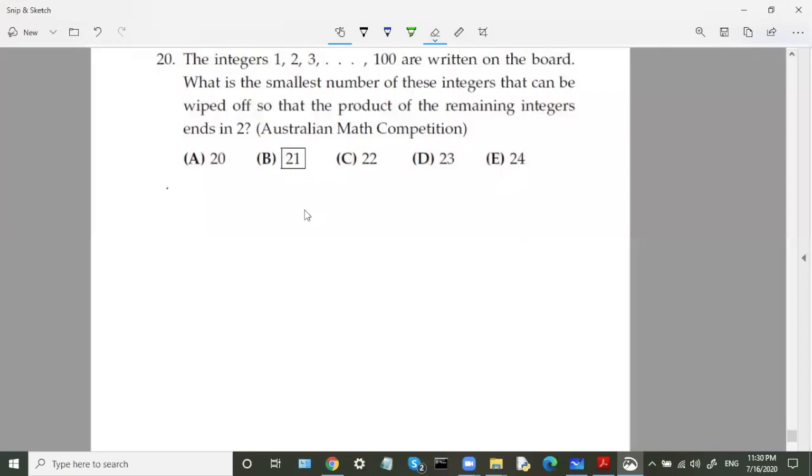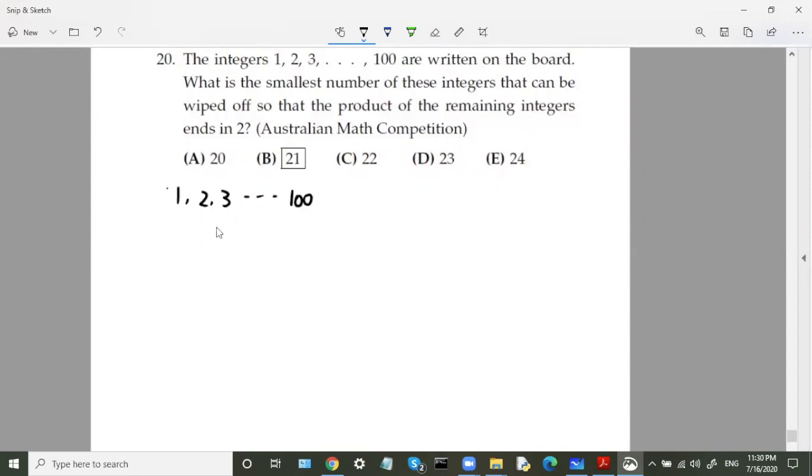Problem 20. The integers 1, 2, 3 to 100 are written on the board. What is the smallest number of these integers that can be wiped off so that the product of the remaining integers ends in 2? So we have the integers 1, 2, 3 up to 100.